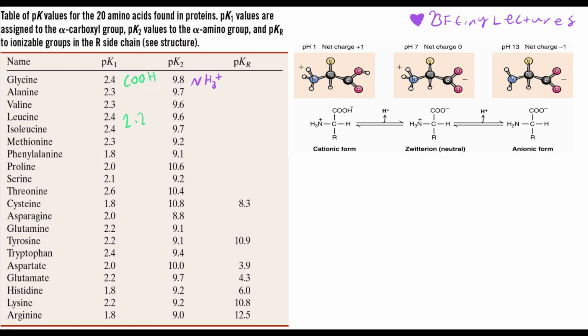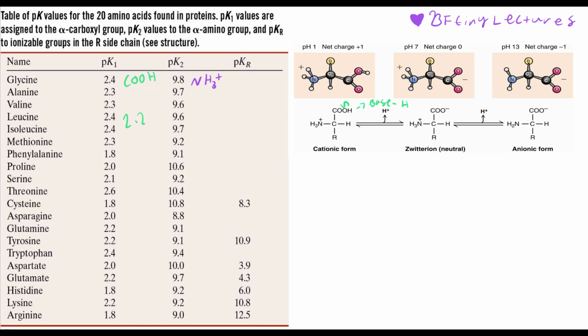Well, if I add a base, this hydrogen is going to go away and it's going to connect to the base, and it's going to give us a COO negative, okay? Now, the reason why we start off with carboxyl, so the reason why we take off the hydrogen from this guy right here, is because it's actually more acidic than the amine group, okay?